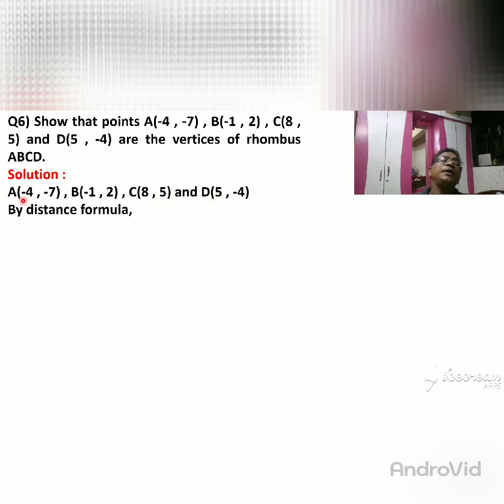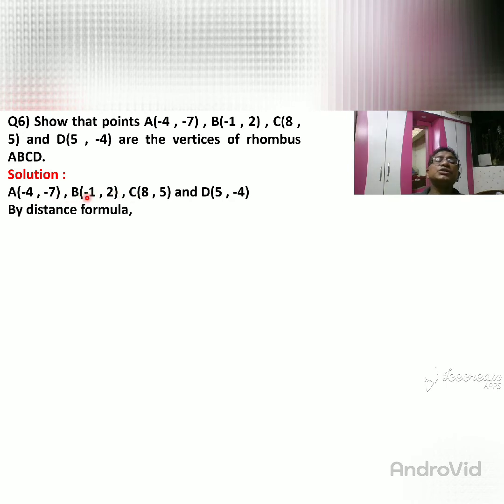When you take CD, then this is x1, y1, x2, y2. When you take AD, then this is x1, y1, x2, y2. Do you understand? It means that according to how you take the points, x1, y1, x2, y2 can change. But that must be remembered in your minds. If you don't understand, I will repeat it again. So this is the AB distance, suppose you have taken. So this is x1, this is y1, this is x2, this is y2.